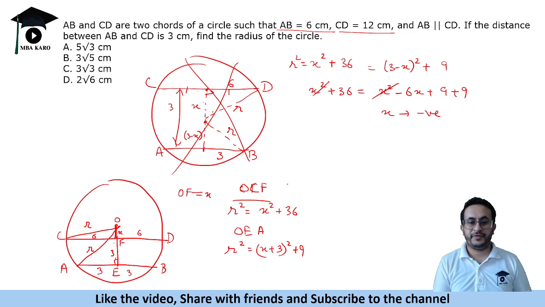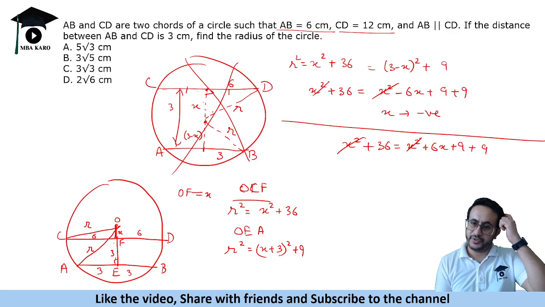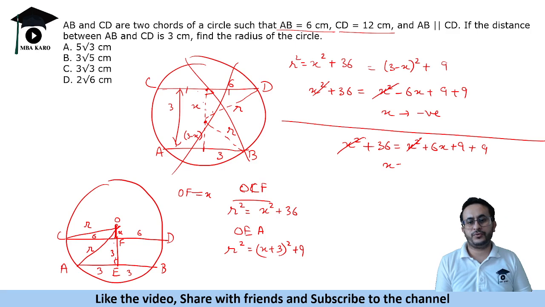We equate this: x square plus 36 is equal to x square plus 6x plus 9 plus 9. So x square gets cancelled. Now we get 6x is equal to 18, or x is equal to 3.